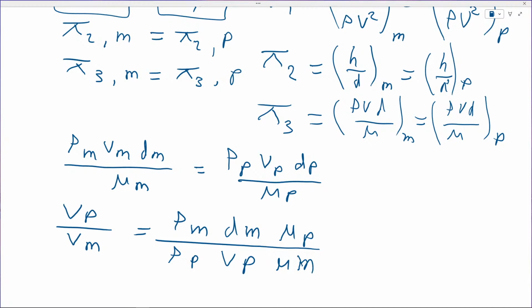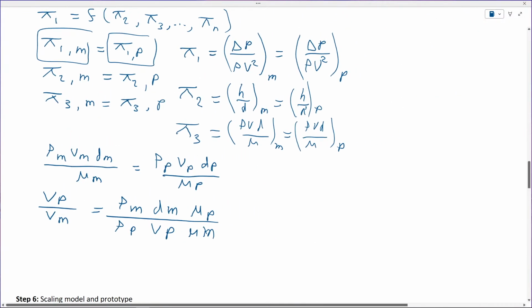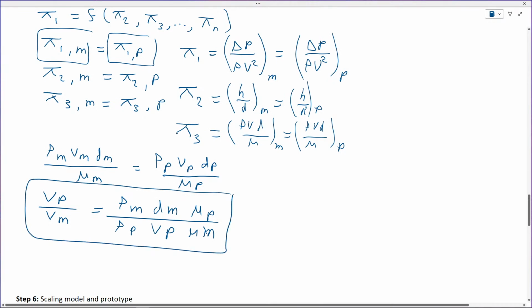Isn't this something good? We have a relationship for the ratio between the velocity in the model and the velocity in the prototype.